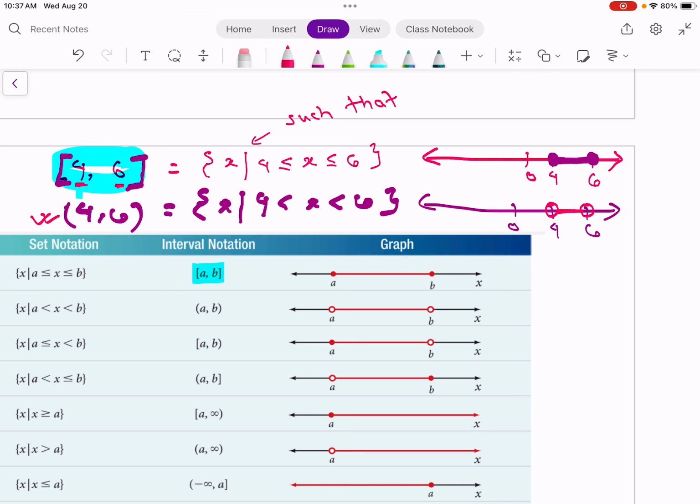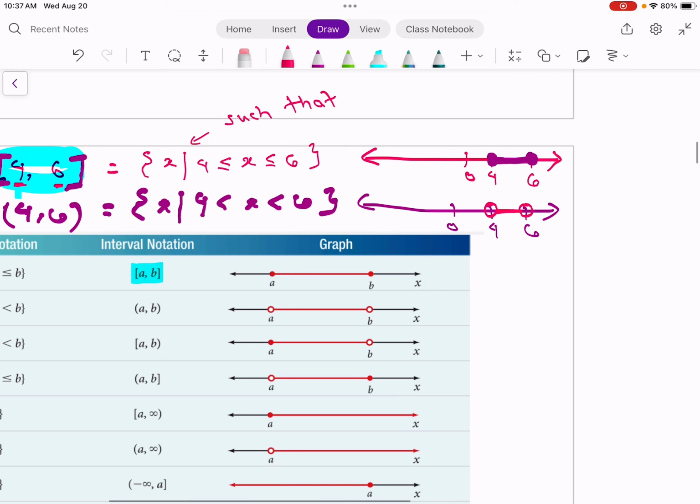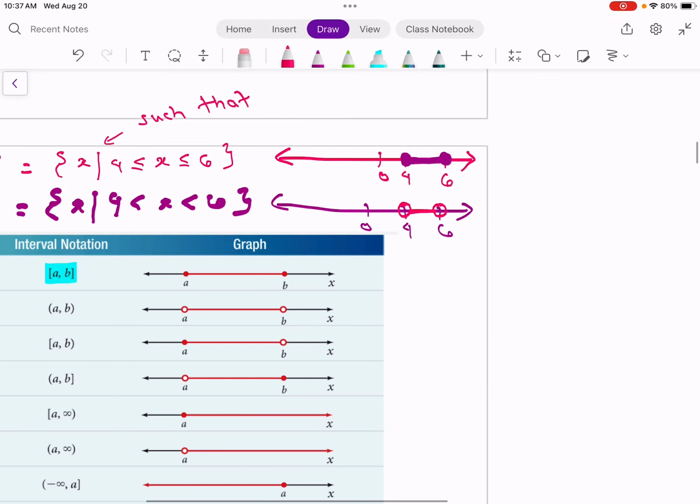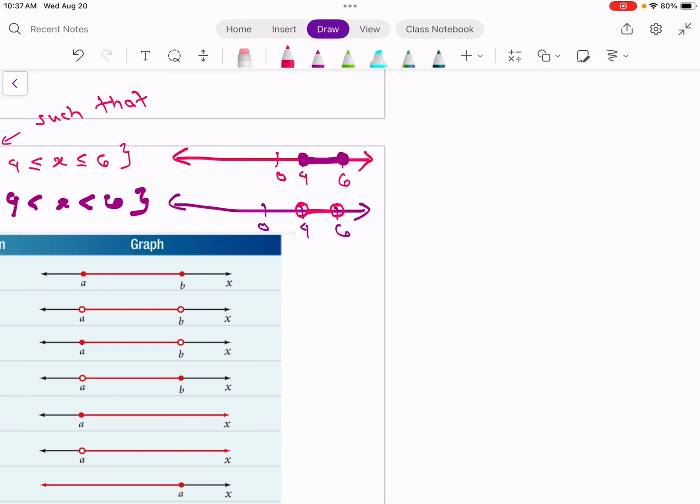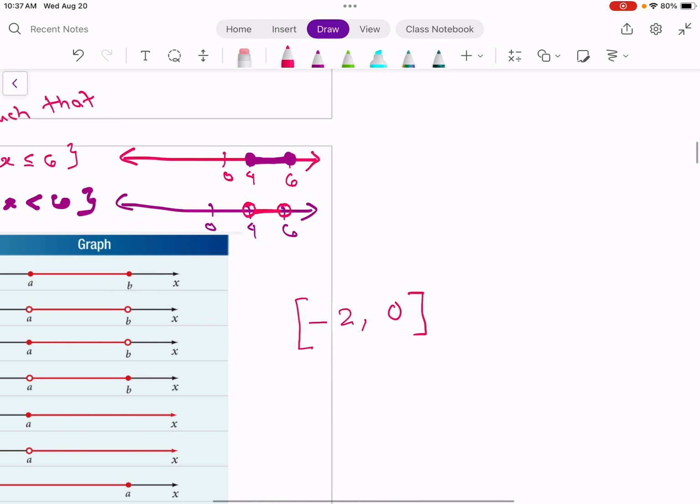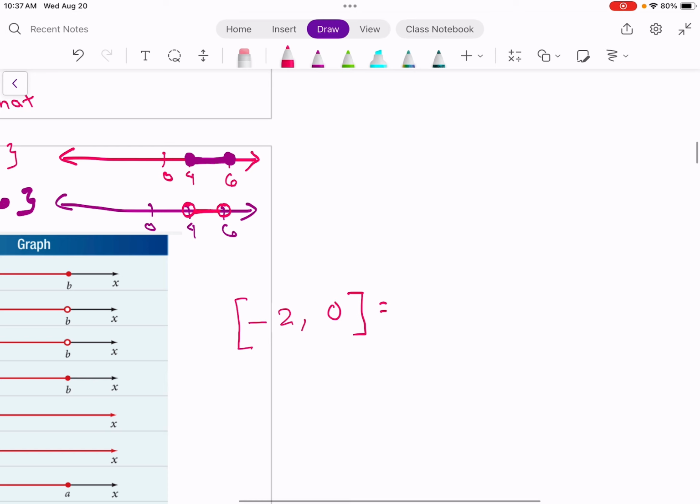Okay, let's do one more example. Let's say we have -2 to 0. Now how do we read this? All real numbers in between, or all real numbers equal to or greater than -2 and equal to or less than 0.